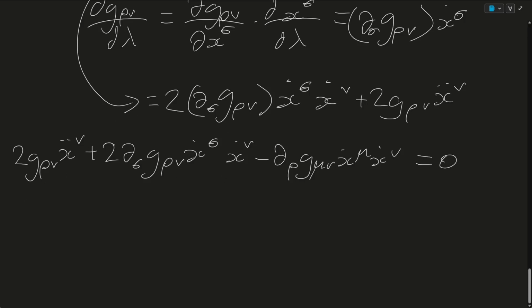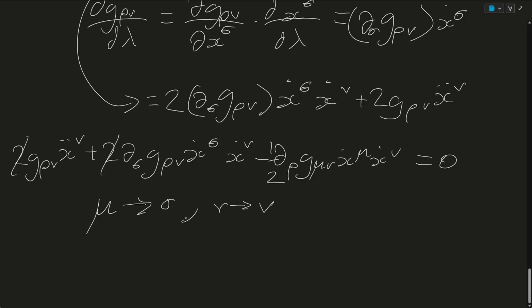We can divide everything by 2, pop a half in there, and now the most useful thing is relabeling indices. So mu becomes sigma, and these sigmas are getting worse and worse. What's the best way to draw it? Like that, I think. Okay, mu becomes sigma, and nu stays nu.